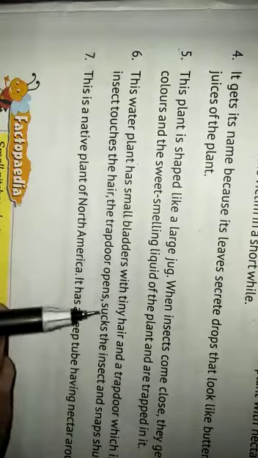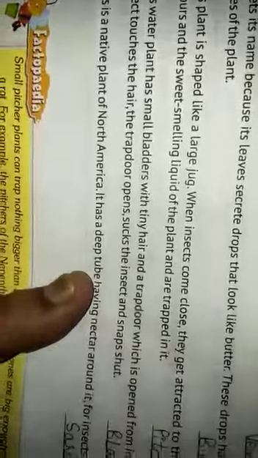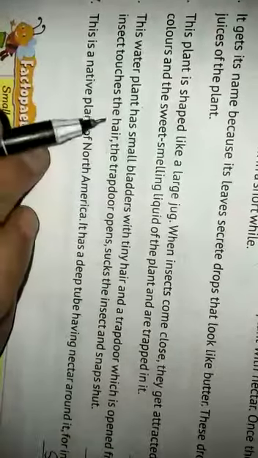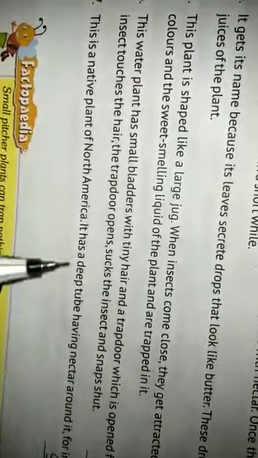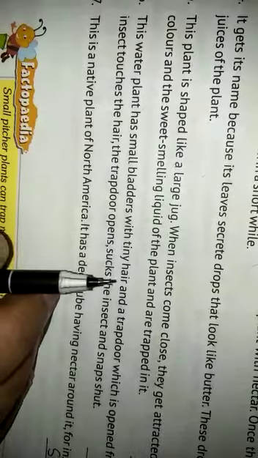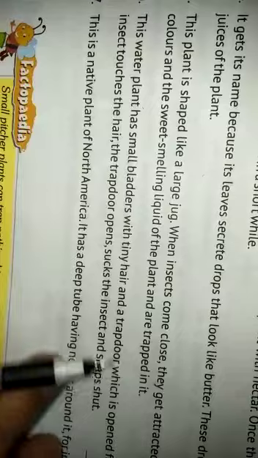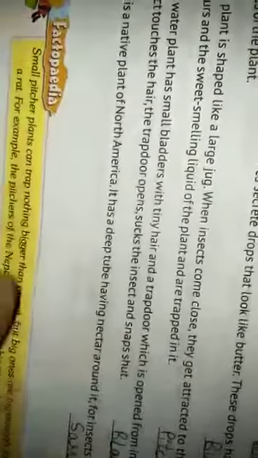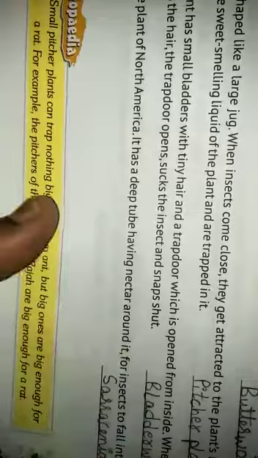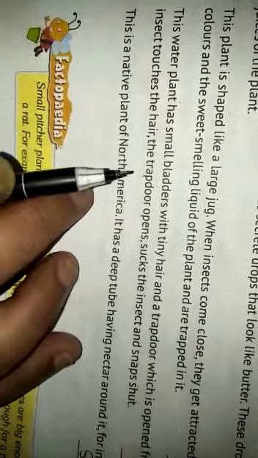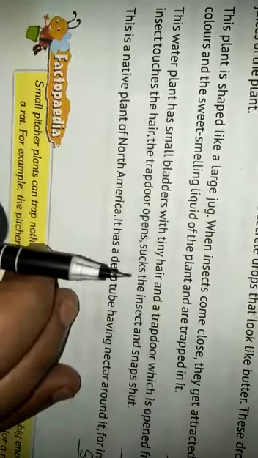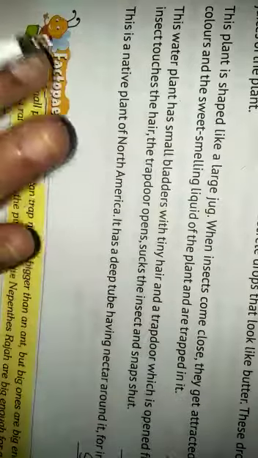Let's move on to question number 6. This water plant has small bladders with tiny hair and a trapdoor which is open from inside. Means this is a water plant in which small bladders are formed with tiny hair, which work like a trapdoor. And when an insect touches the hair, the door opens and sucks in the insect, and snaps its door shut. Okay, so which plant is that?